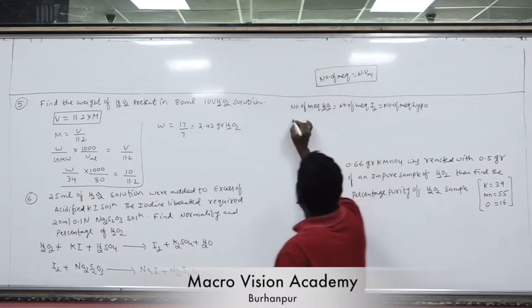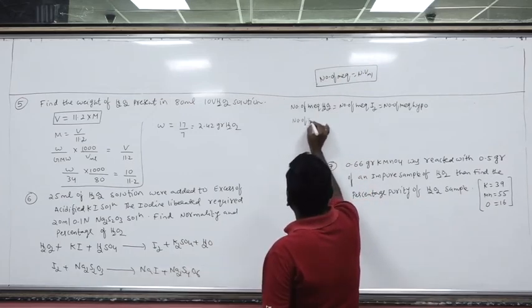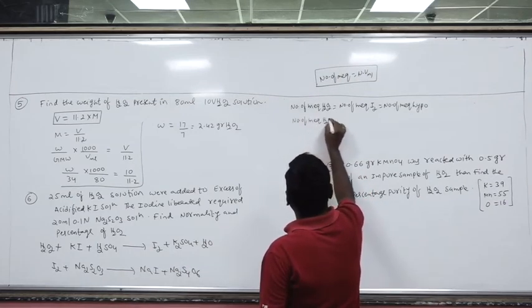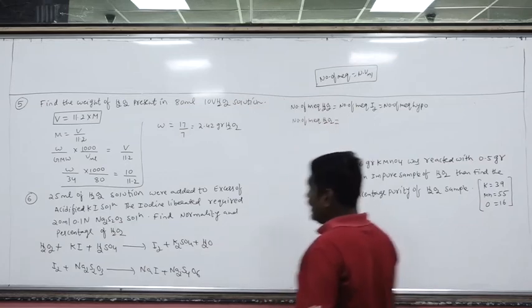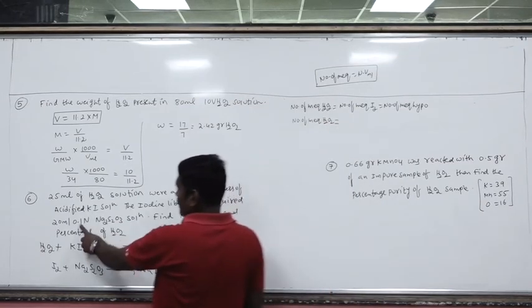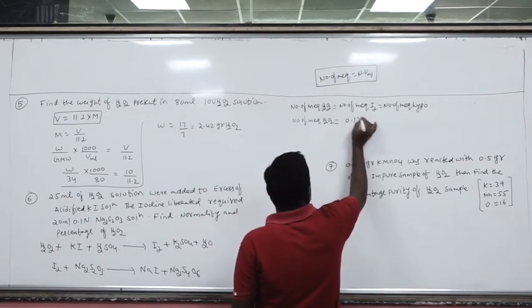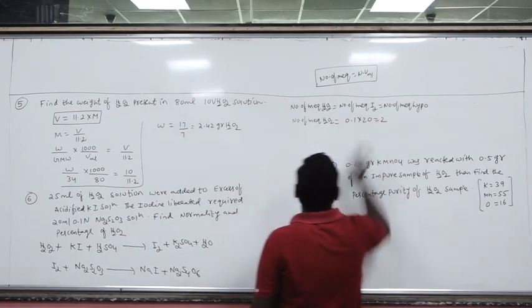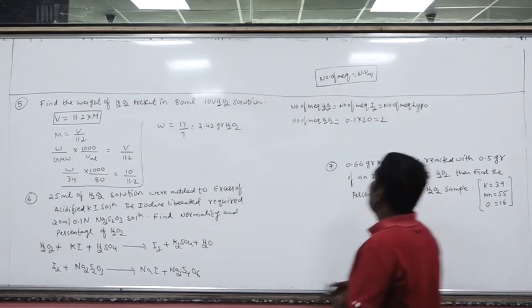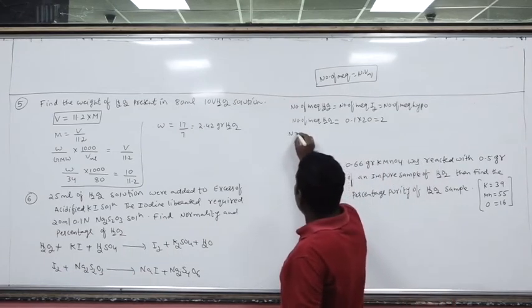Now, number of milli-equivalents of H2O2. What is the normality of hypo given to you? 0.1. And the volume is given to you, 20. So 0.1 into 20 is equal to 2 milli-equivalents. Now, what is the definition of normality?